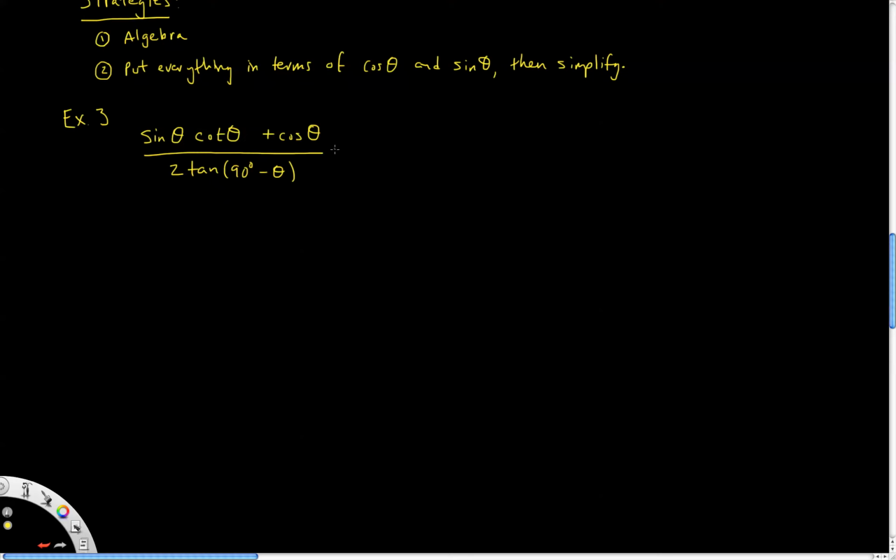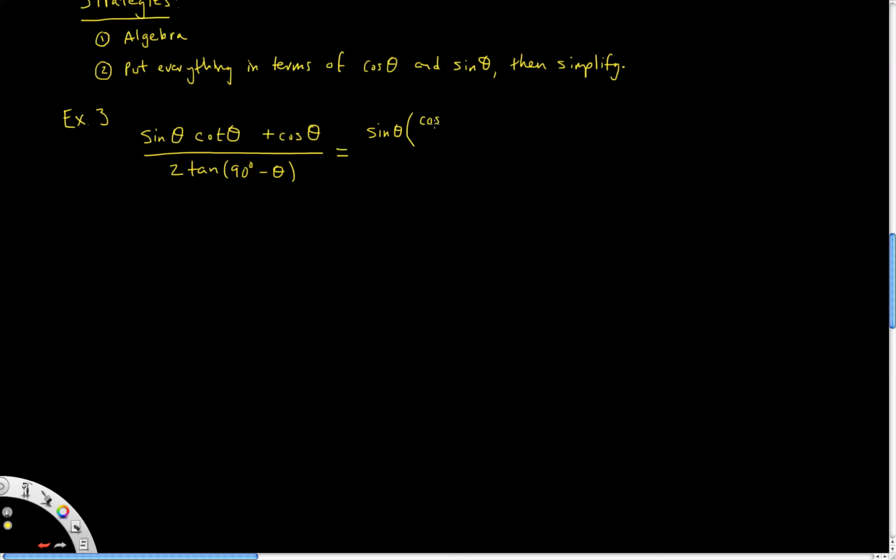Well, the first thing I'm going to do is write an equal sign, and I might look at sine and cotangent here and rewrite cotangent in terms of sine and cosine. So let's do sine of theta times, now what is cotangent?